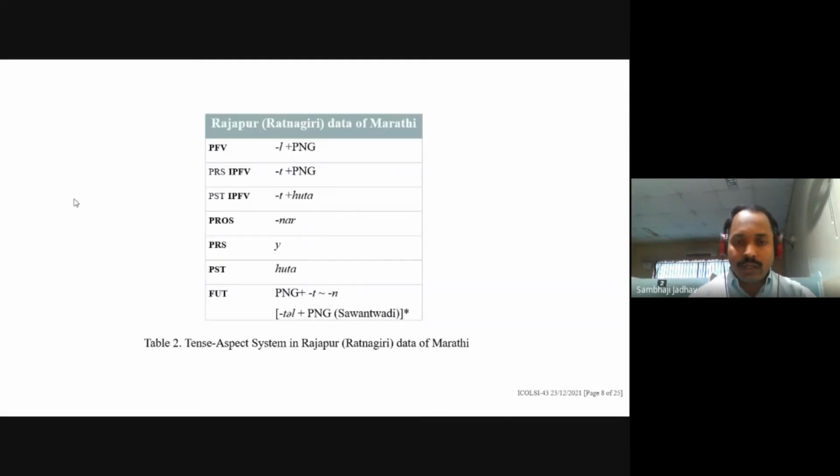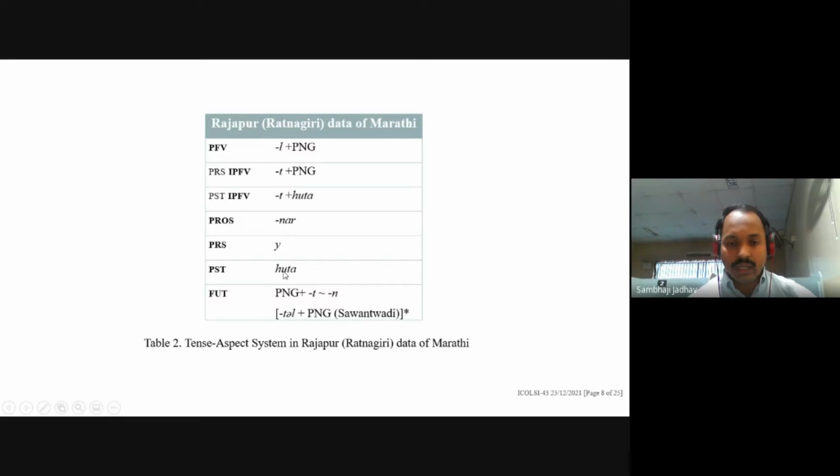We can see here how the Rajapur system works. La plus PNG marking is there for perfective, present imperfective the plus PNG, past imperfective the plus hota, which is the past tense auxiliary, and the prospective nar form is there.